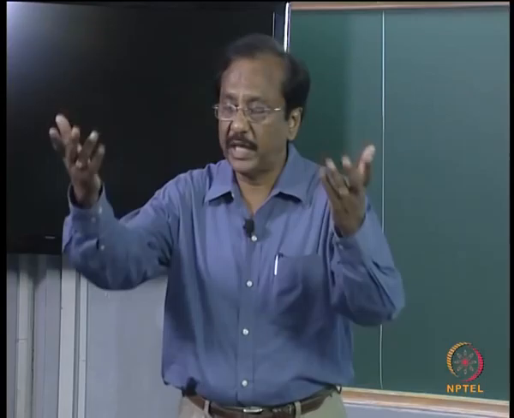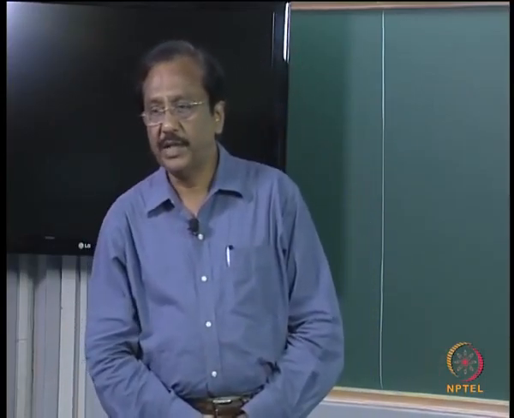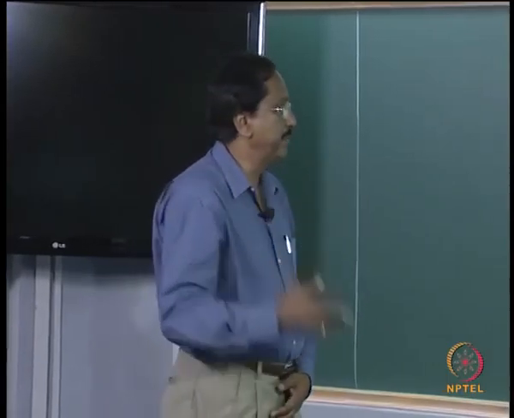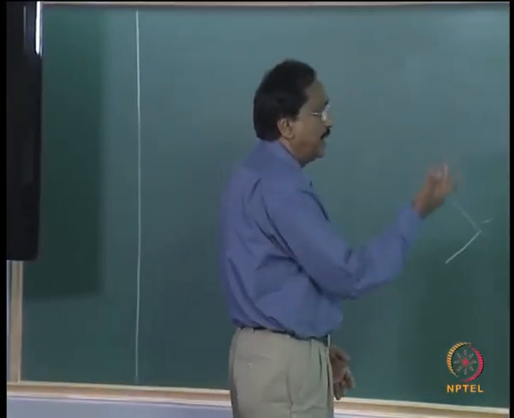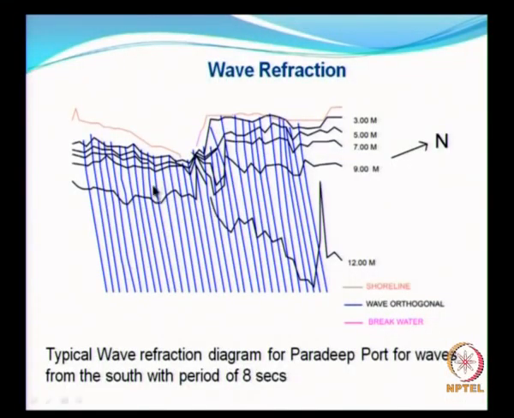So you normally have the deep water wave characteristics, and allow the deep water waves to propagate over a given bathymetry, and then you get the details. With this, you can arrive at the zones where it is converging.